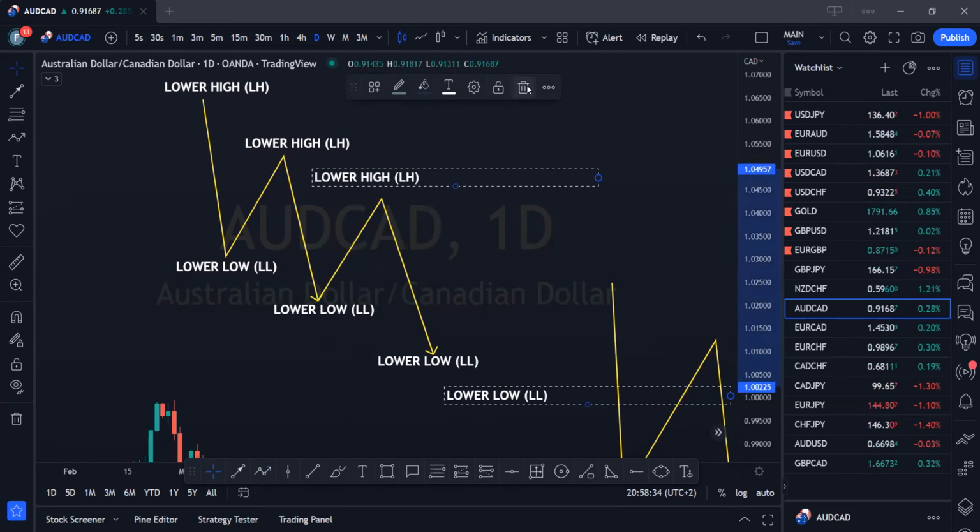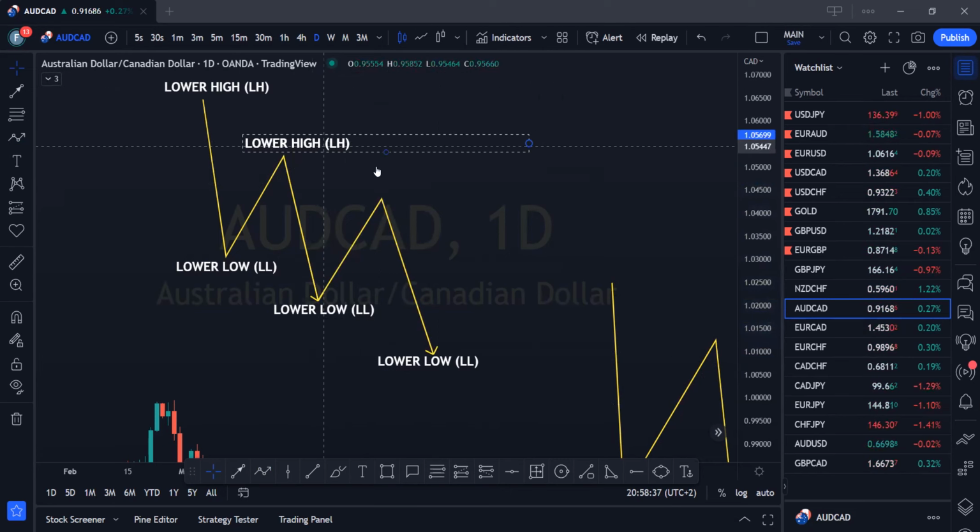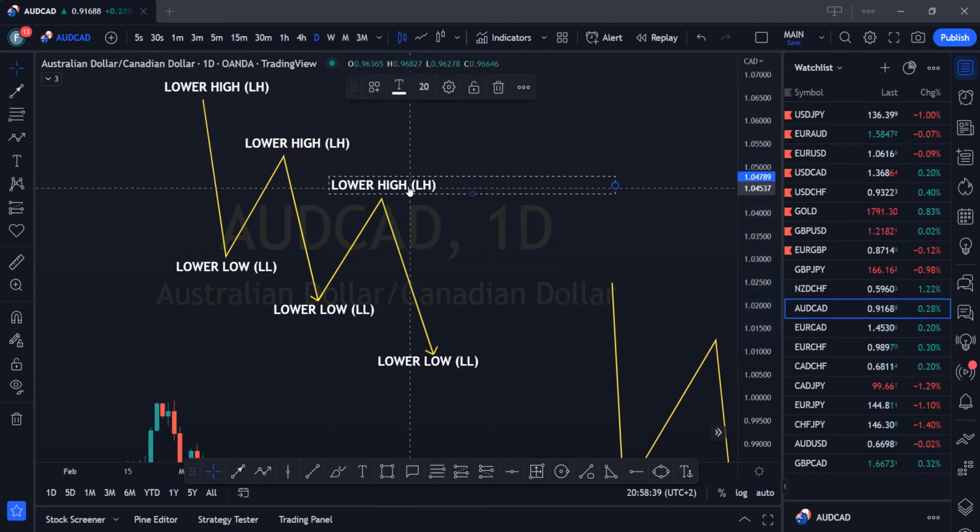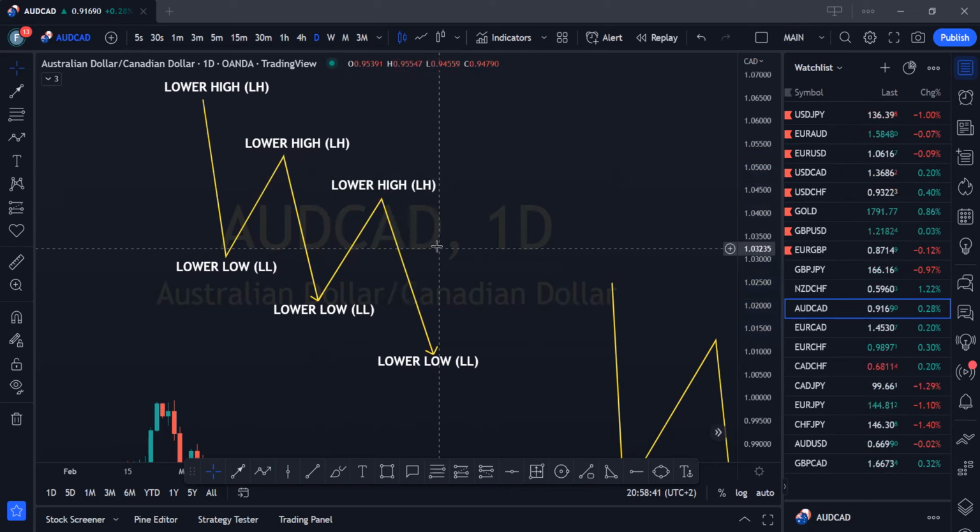So a downtrend is made up of lower highs and lower lows. Price moves from lower high to lower low, lower high to lower low. That's a downtrend. And ideally, as a Forex trader, you always want to be on the side of the trend.